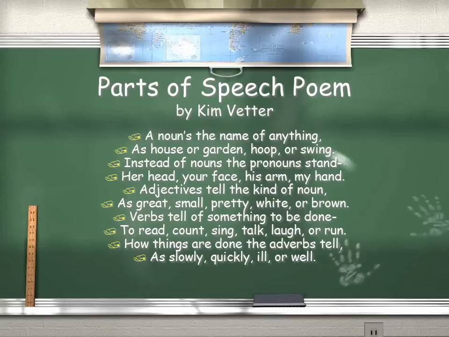Adjectives tell the kind of noun as great, small, pretty, white or brown. Verbs tell of something to be done, to read, count, sing, talk, laugh, or run. How things are done, the adverbs tell, as slowly, quickly, ill, or well.